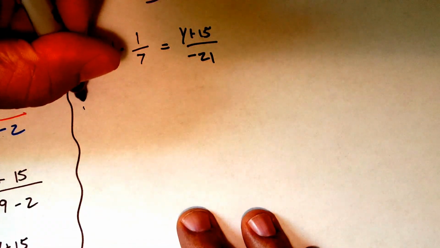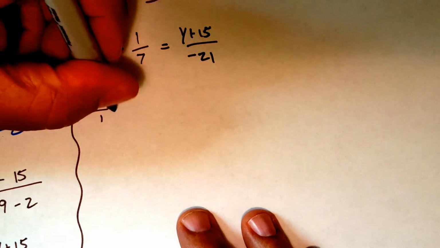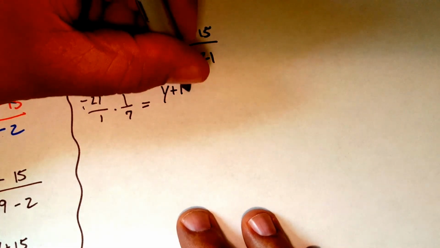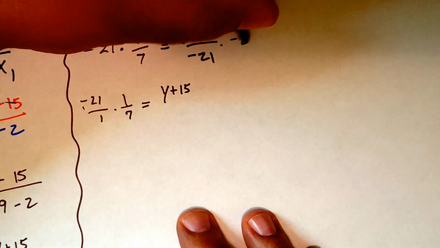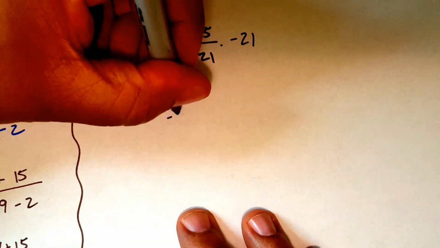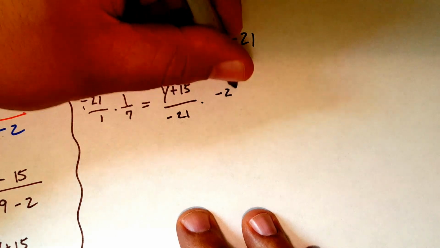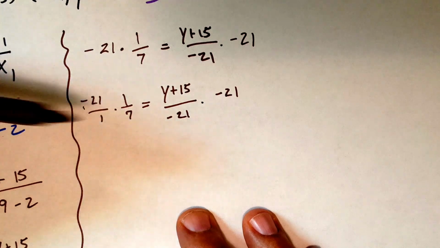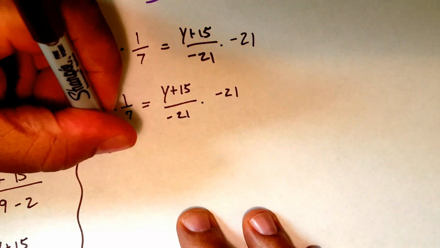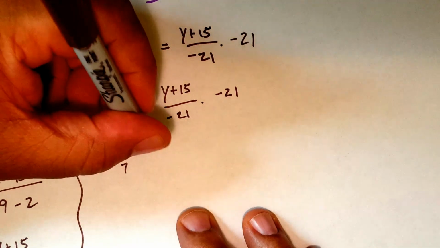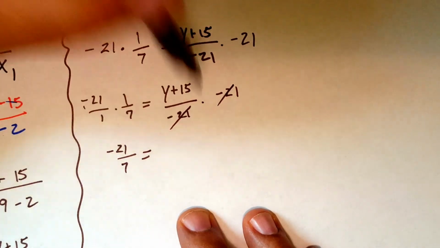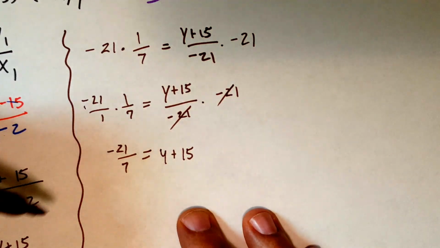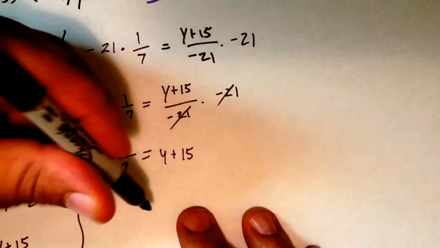So if we write it as a fraction, it's negative 21 over 1 times 1/7. And so we just multiply straight across. So we have negative 21 over 7. And negative 21 divided by 7 is just negative 3.